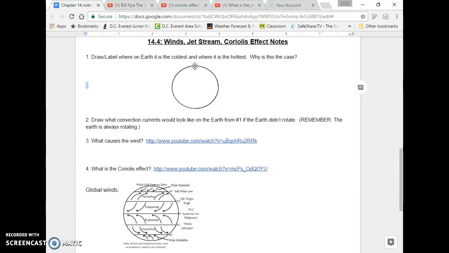thinking about convection, we would understand that this cold air up by the poles would sink to the equator, it would be warmed, therefore it would become less dense, and then it would rise back up to the poles where it would get cold again.